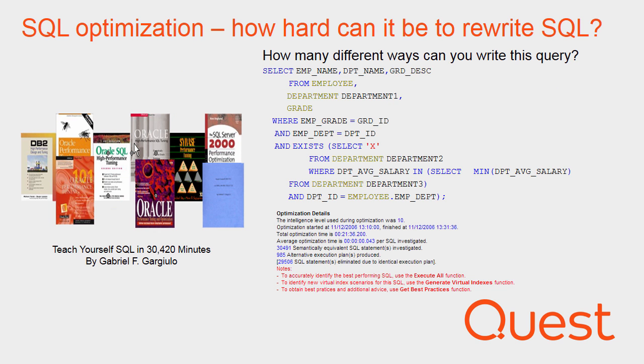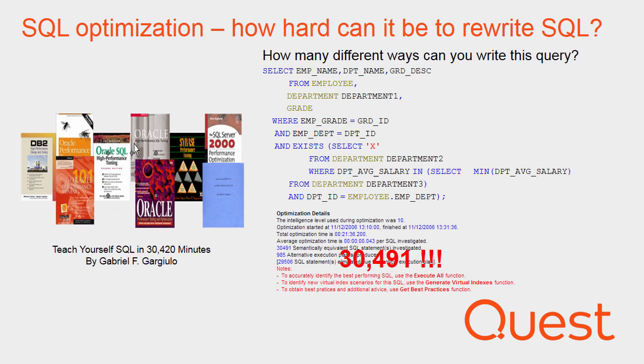Well, it might surprise you to know that for a moderate SQL statement, as you can see on the right hand side here, there are actually 30,491 possible ways that you can rewrite this query. Now granted, some of those rewrites will have the same execution plan, but if you look at the optimization details in the small print here, you can see that 985 of these rewrites generate a unique execution plan. Now that would take a developer hours and hours and hours to do manually.